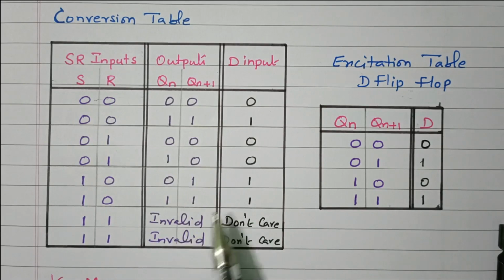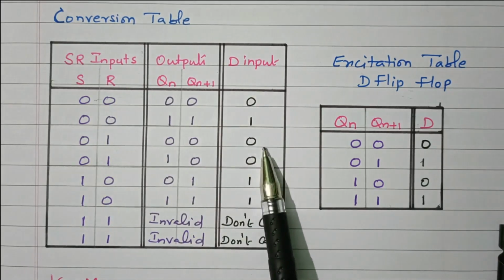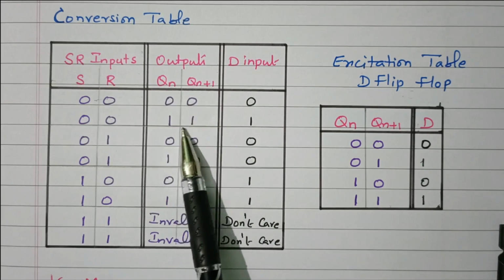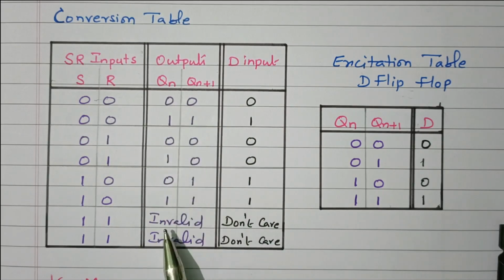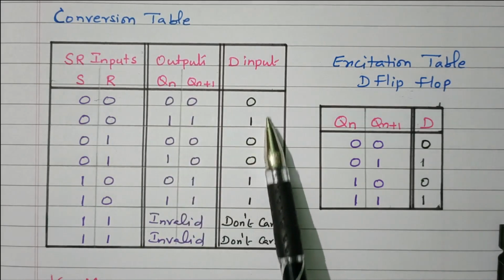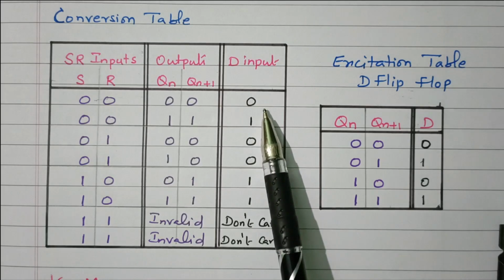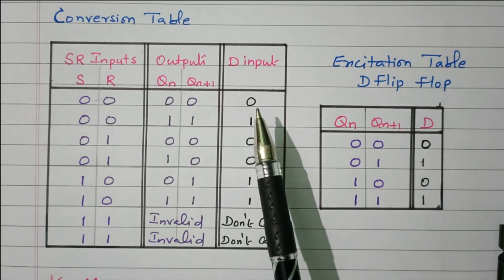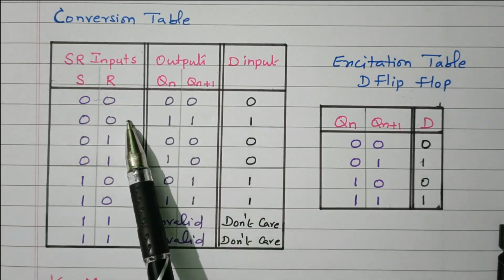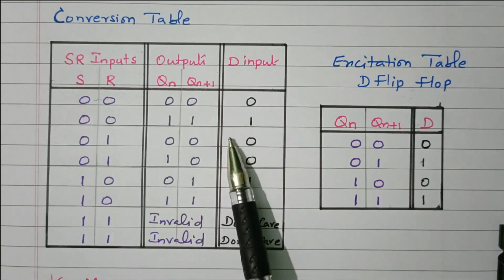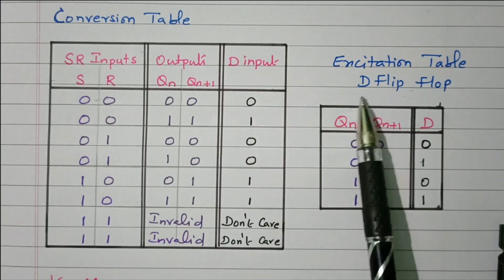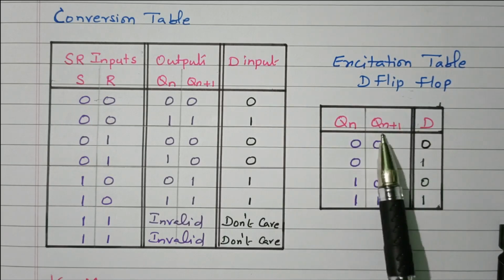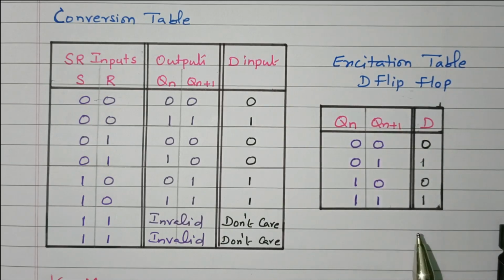So we need to give the D flip-flop input in such a way that we get the status like that, 0 0, 1 1, 0 0, right? So based on this we need to decide the input of the D flip-flop. By giving the proper input to the D flip-flop, the D flip-flop can be converted into an SR flip-flop, right? So for that we need an excitation table. What is the excitation table for the D flip-flop? From the output, we need to decide what is the input.